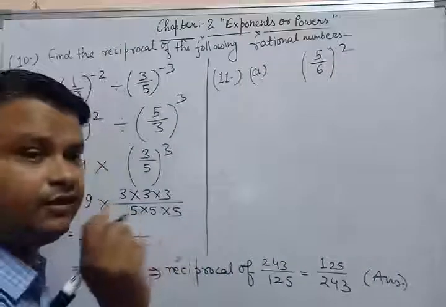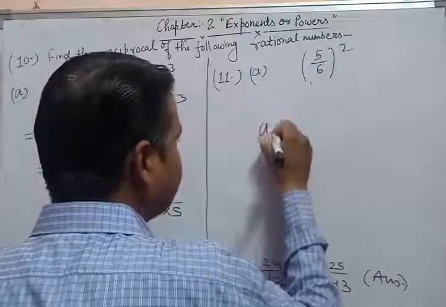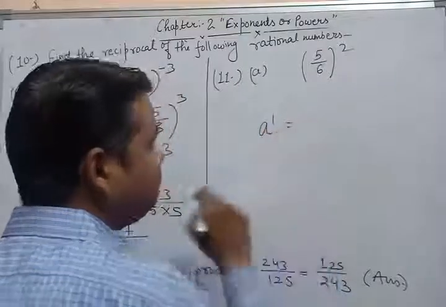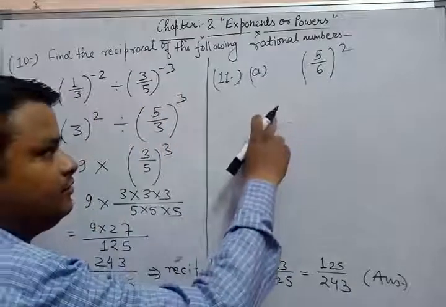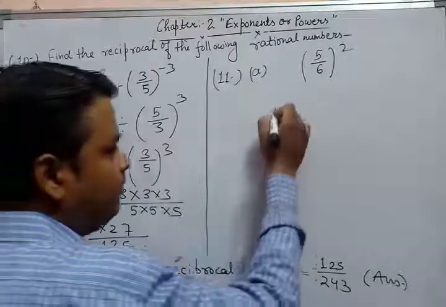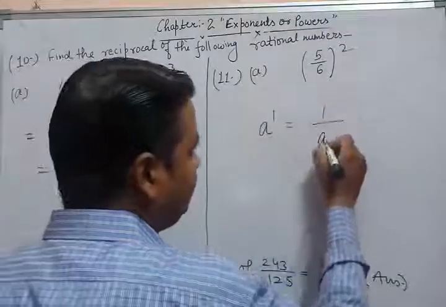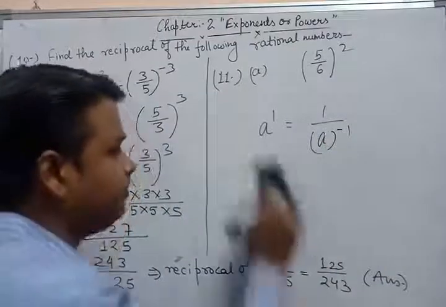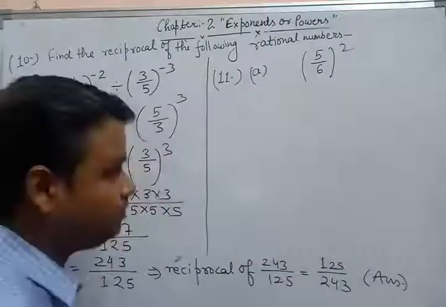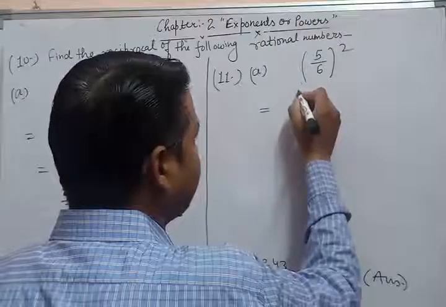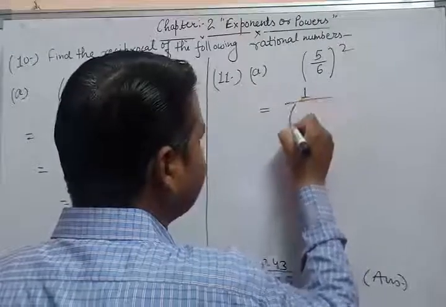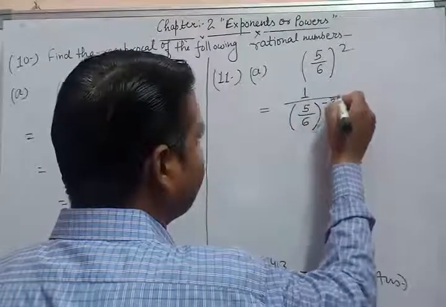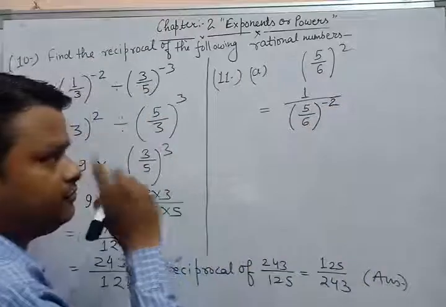So students, we have to apply the concept which I told in a previous video, that if 1 upon a is given, a to the power 1 can be written as 1 upon a to the power minus 1. It is clear. Then we have to apply this concept in this question. Then we can write 1 upon (5 upon 6) to the power minus 2.